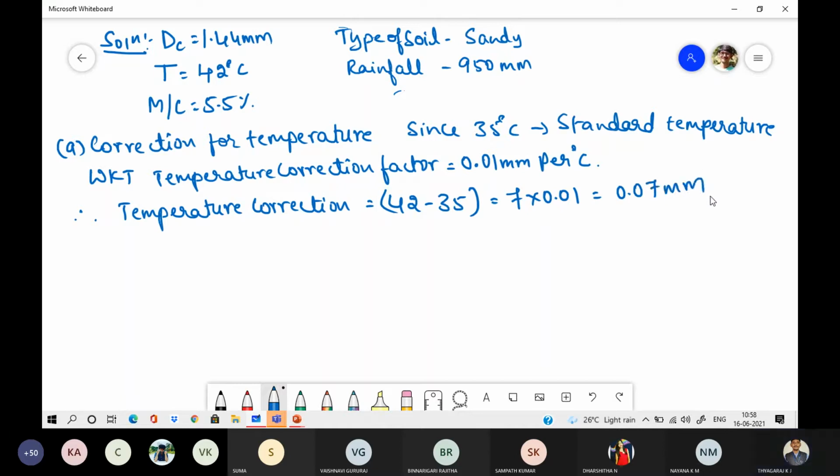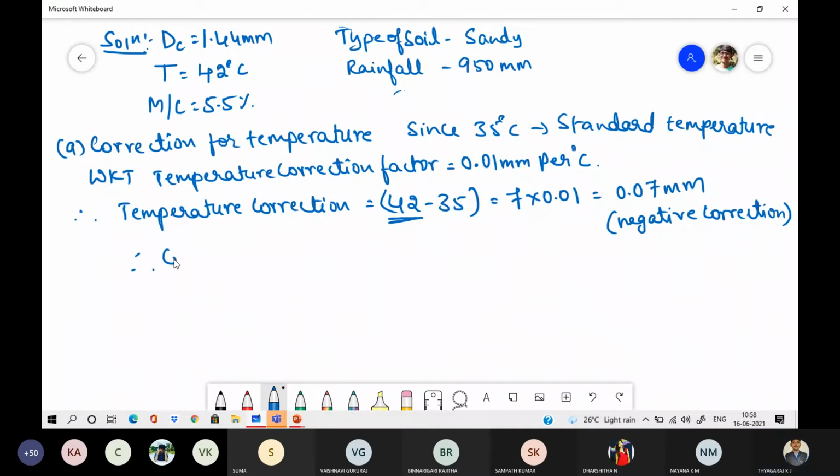Are you going to get 0.07 mm? Yes, sir. Is it negative correction or positive correction? Negative, sir. Why? Because the temperature you have measured is greater than 35, so it should be a negative correction.